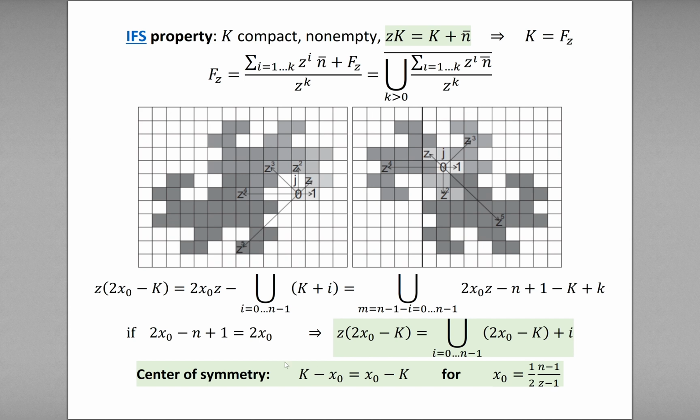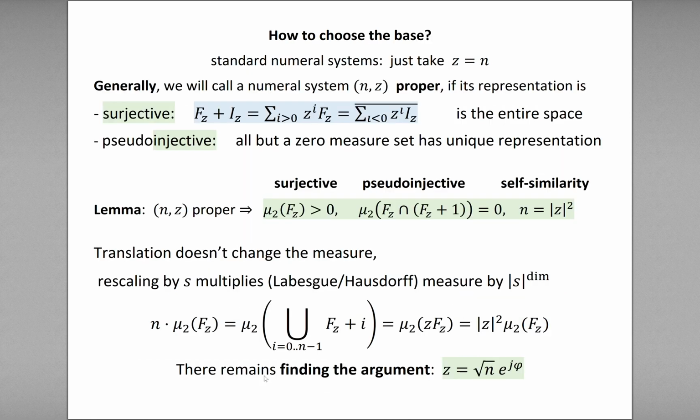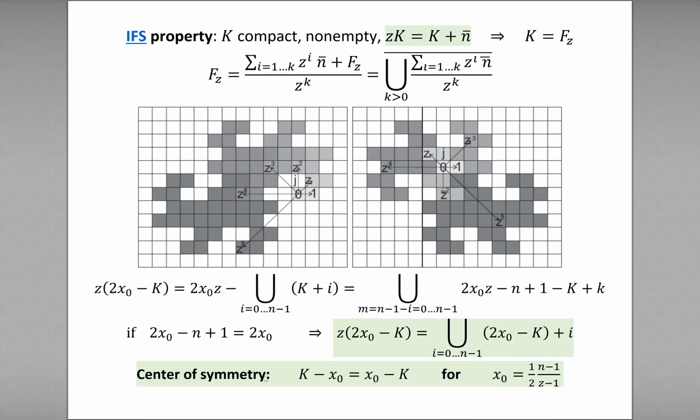For a set K, x0 is a center of symmetry if K minus x0 equals x0 minus K. This is the definition of a center of symmetry. So we need to look at the set 2x0 minus K, and choose x0 such that this set satisfies the self-similarity relation.